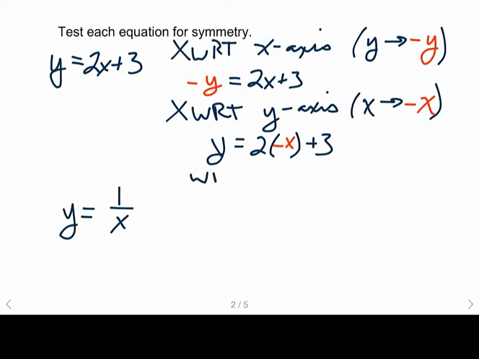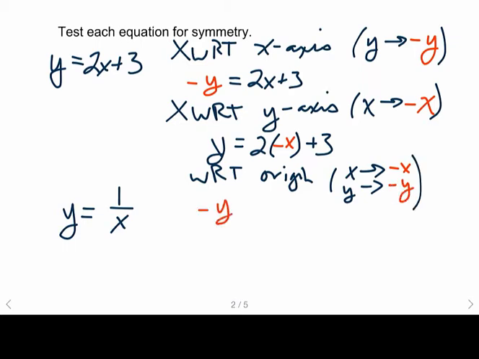Finally, for symmetry with respect to the origin, we're going to replace both x by -x and y by -y and see what happens. Doing that gives us -y = 2(-x) + 3.